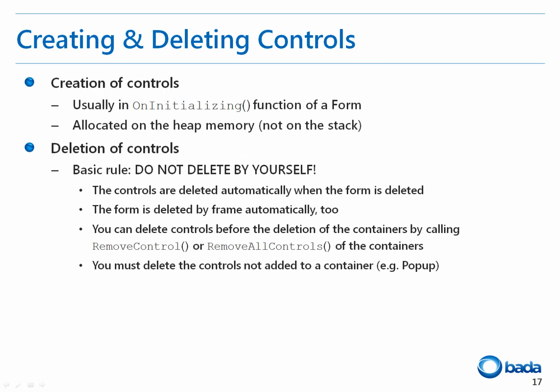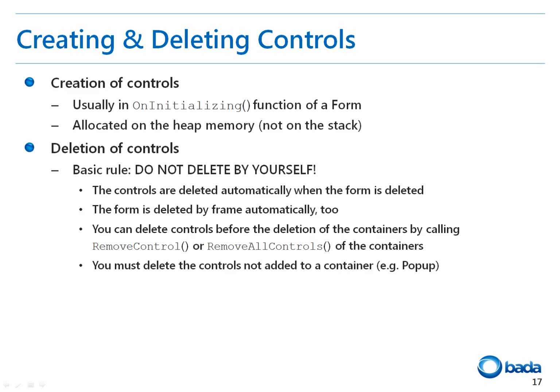The onInitializing function is where the controls should be created. All the controls should be created on the heap, as once the control is added to a container, the container deletes all its child controls when it's destroyed. Other controls which are not added to a container should be deleted explicitly.